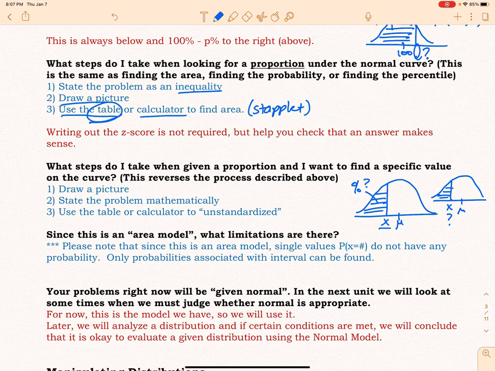So that's what this is indicating. We're going to draw a picture, state our problem mathematically, and then of course we have to unstandardize it. Again, I'm going to show you how to do this in actual examples.